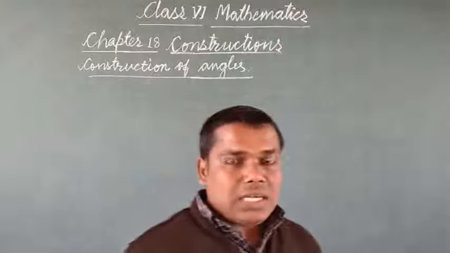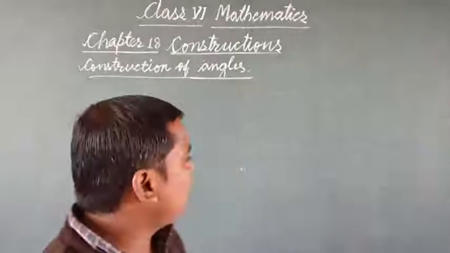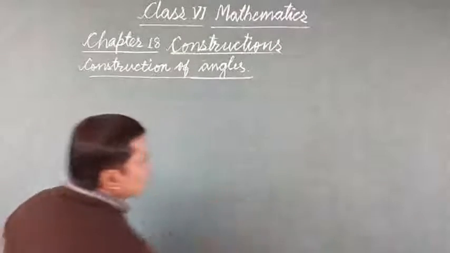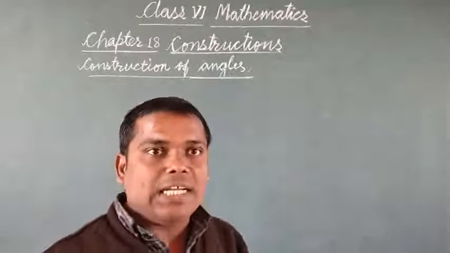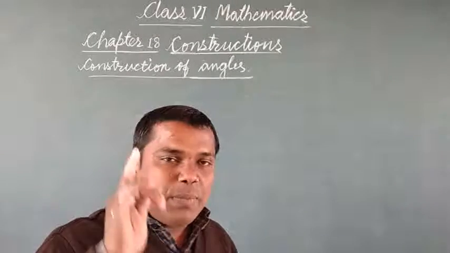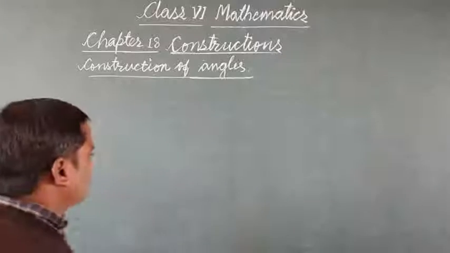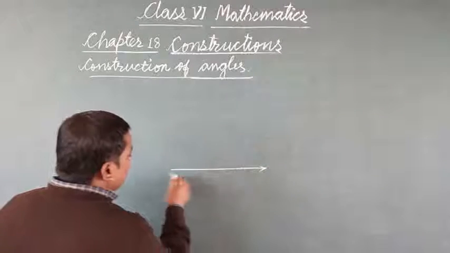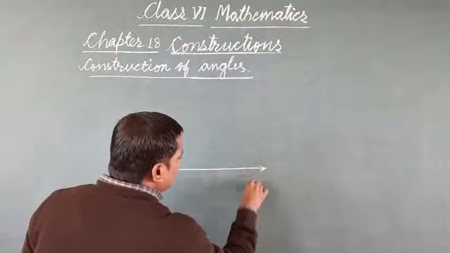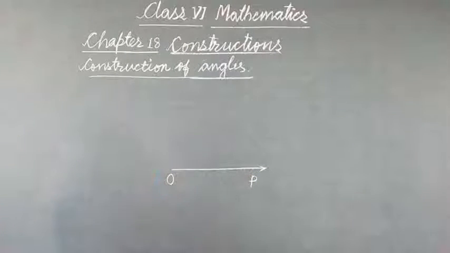To draw an angle using compass, first of all you need to draw a baseline. With any instrument you have to draw an angle, you will need a baseline to draw first. So I am drawing here a ray OP.